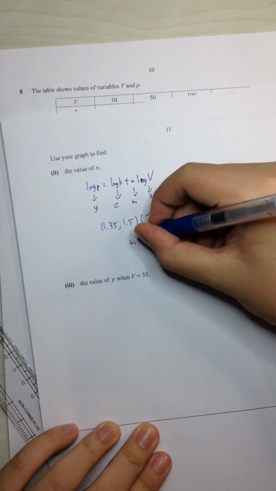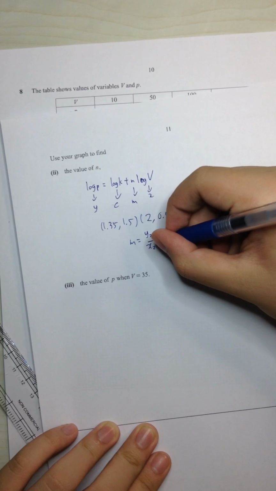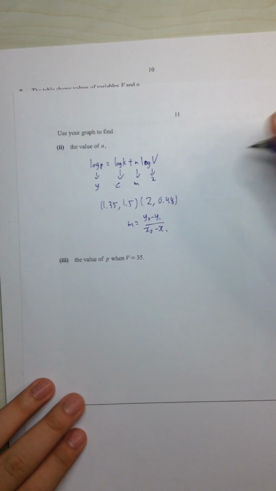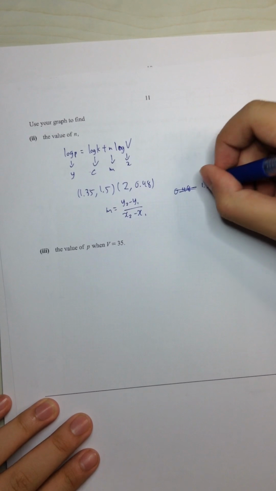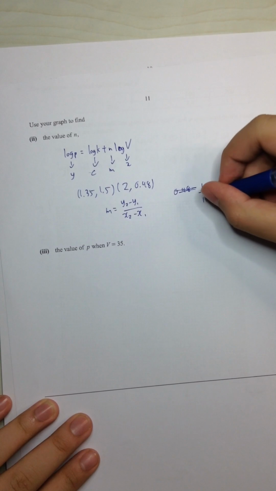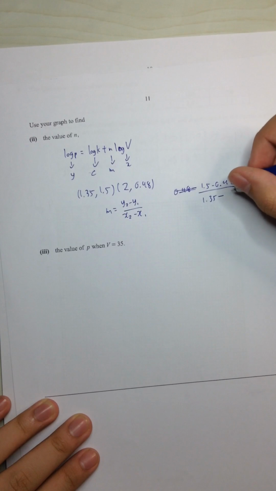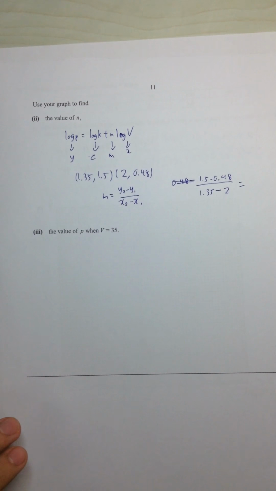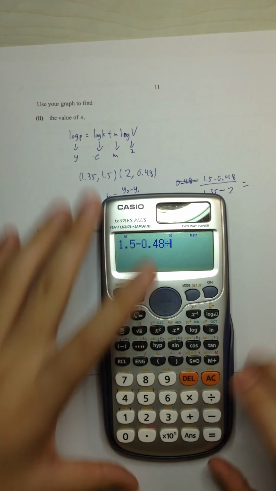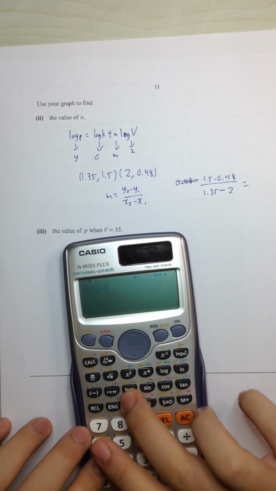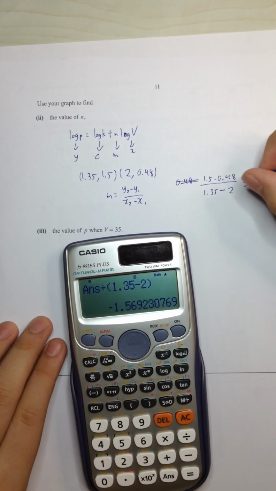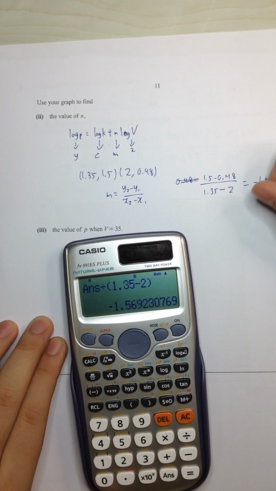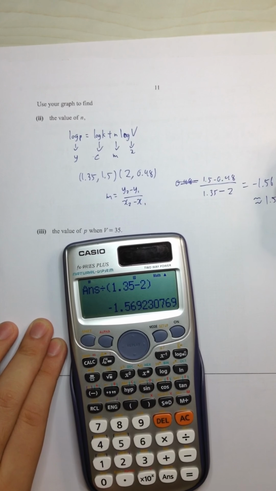So m is y2 minus y1 over x2 minus x1. So it's 0.48 minus 1.5 over 2 minus 1.35, which is equal to minus 1.569, which rounds off to minus 1.57.